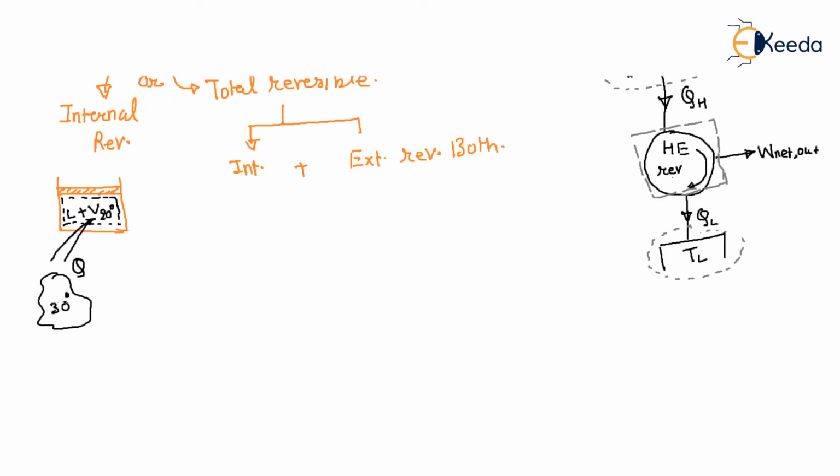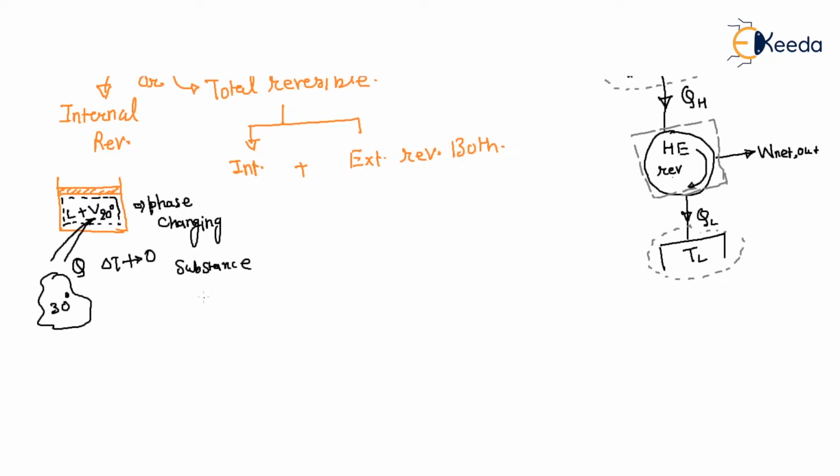So this is a large temperature difference for heat transfer. That means in this case delta T does not tend to 0. So though there is an external irreversibility, during the heat transfer the system temperature remains fixed. Why? Because there is a phase-changing substance.